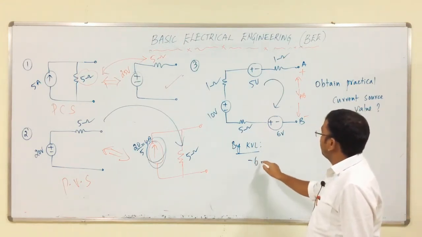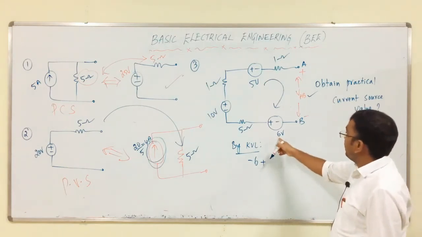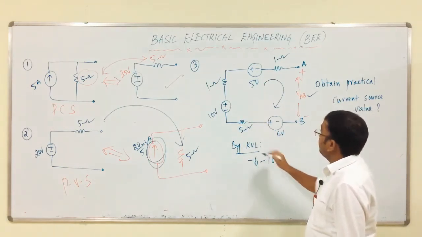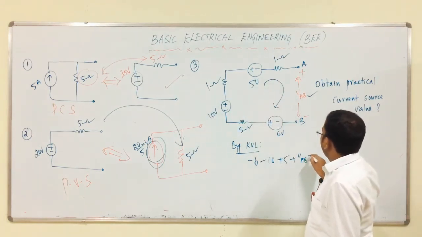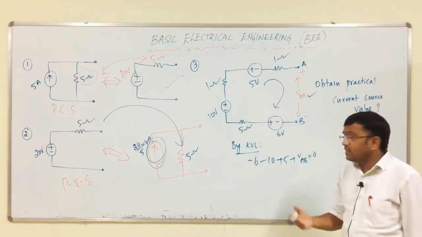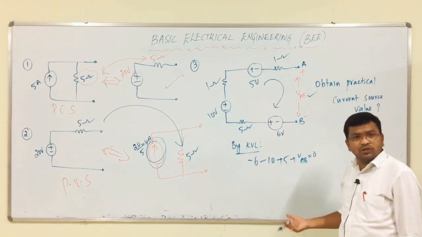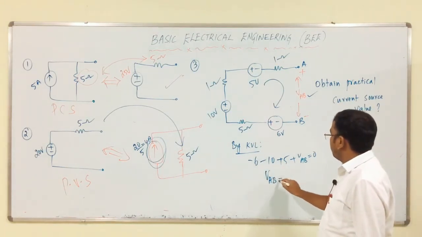Minus 6, first we have to calculate this equivalent voltage, minus 6 minus 10 plus 5 plus VAB is equal to 0. In any single loop, the algebraic sum of voltages is equal to 0. That gives VAB equal to 11 volts.